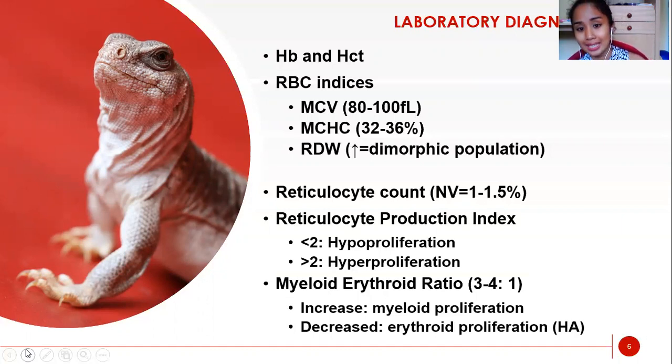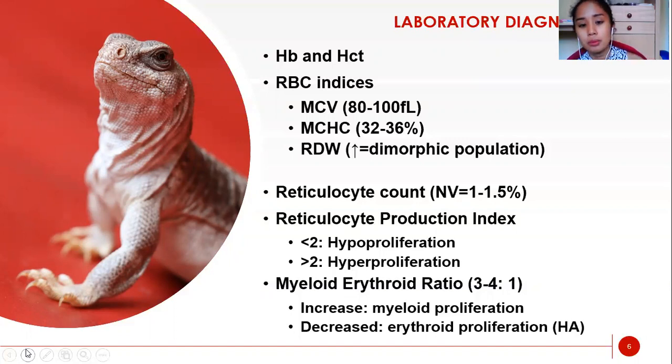Less than 32% is hypochromic, so the hemoglobin concentration is lower. So MCHC talks about the hemoglobin concentration, and MCV talks about the size. If MCV is within normal range, it's normocytic, so the size is normal. And MCHC is normochromic when the hemoglobin concentration is normal.